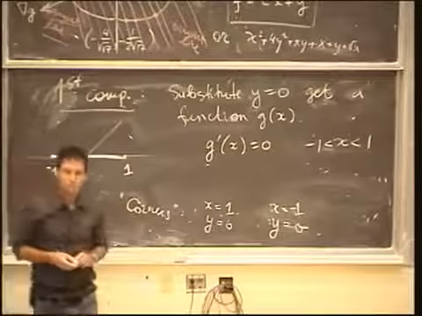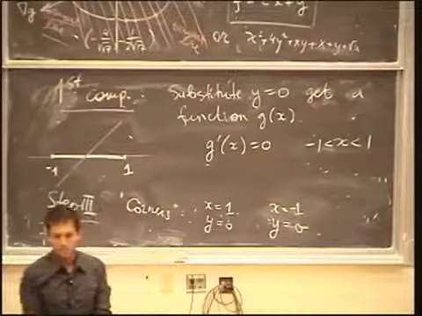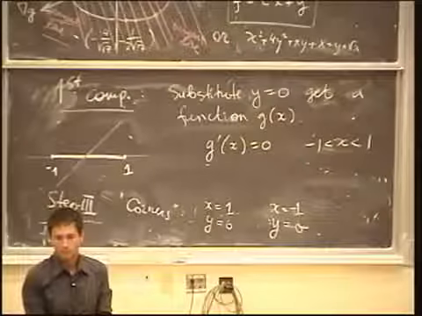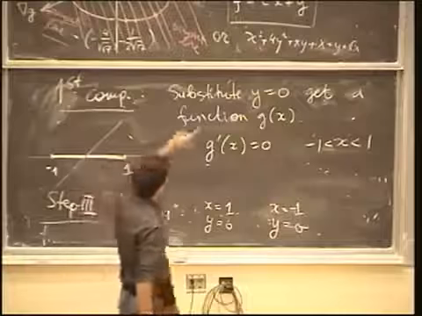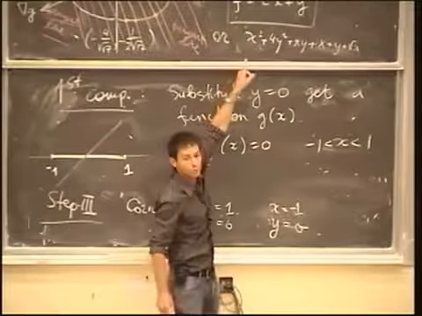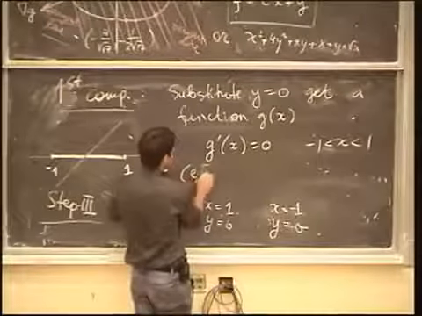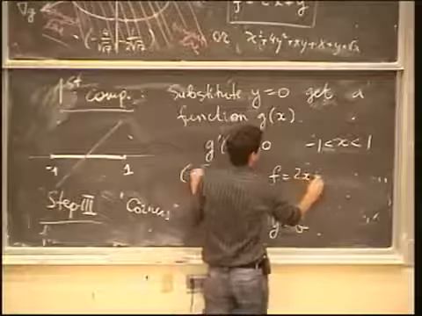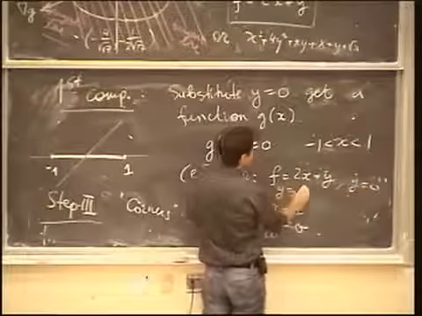Yes? If both your g prime of x functions are equal to a constant, you can't set them equal to 0. That means you have a plane, right? It's flat. That's right. In fact, in this particular case, that's what will happen. If f were actually 2x plus y, and we set y equals 0, then g becomes 2x.